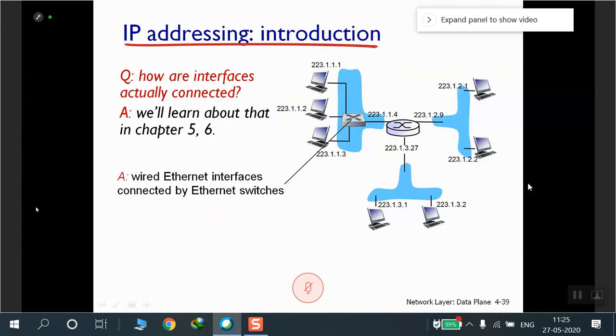The network address that we have is 223.1.1.0/24. And this oblique 24, what does it denote in this case? This denotes how many bits of the IP address belong to the network.